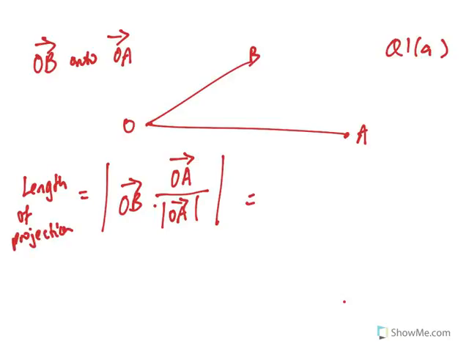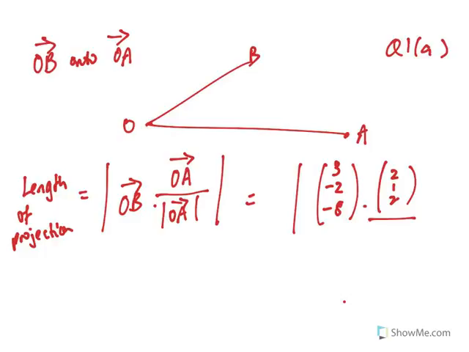How to find this? OB is just, can anyone read off OB to me? Kaipin, help me read off OB. Negative, okay, because P is -8. What is OA? OA is (2, 1, 2). So it's (2, 1, 2) divided by the modulus, square root of 2 squared plus 1 squared plus 2 squared.